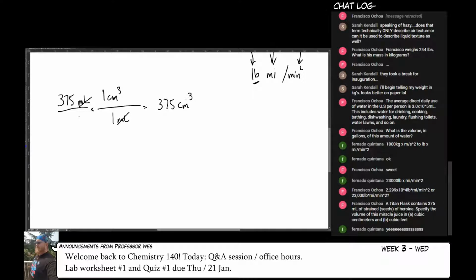And then if you want to do cubic feet from that, then you can do that.